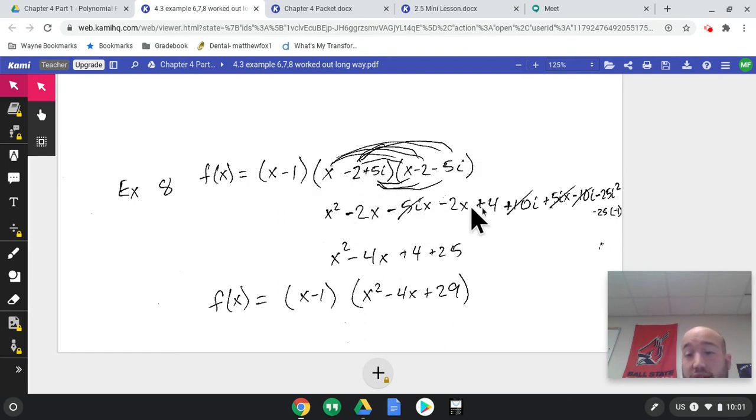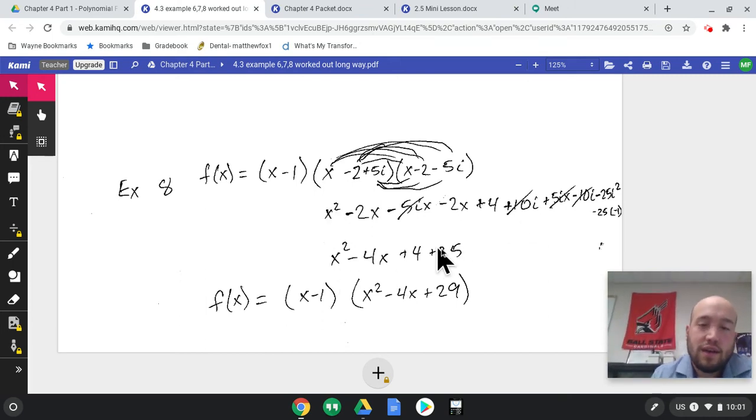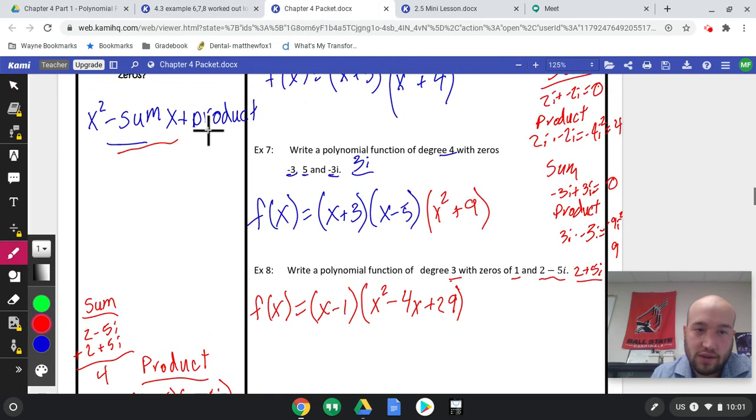We have some ix's here. Everything does cancel out nicely, but as you can see, in the end, it's x squared minus 4x plus 29. It's exactly the same. Once again, if you have more questions about this or want to see me do more of these, I can. I just think it will be more work for you, and it's probably easier just to use this formula up here, the x squared minus sum x plus the product.